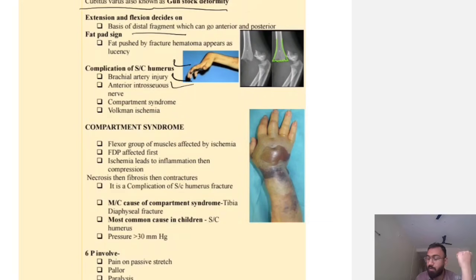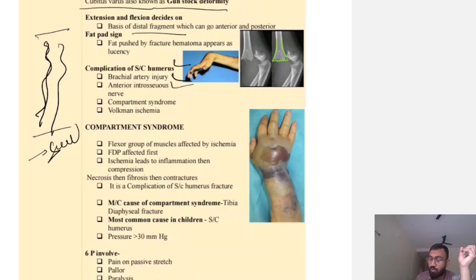Next is compartment syndrome. Now what is compartment syndrome? Compartment syndrome, you can assume that it is tightness in the entire forearm. In forearm there are so many muscles. Because of supracondylar humerus fracture, it is causing the swelling. Swelling increases the pressure, it increases the intercompartmental pressure.